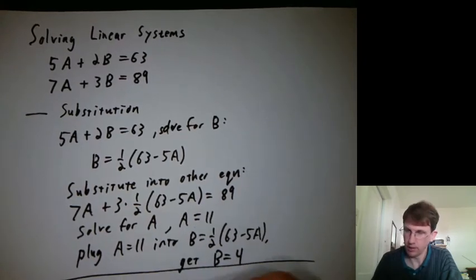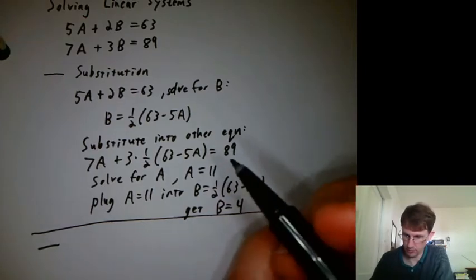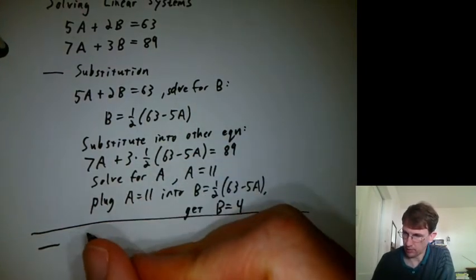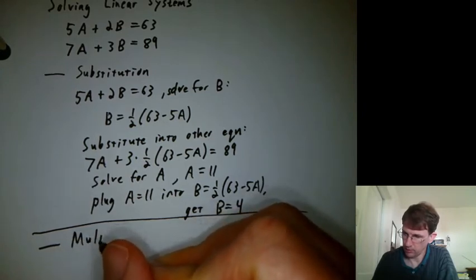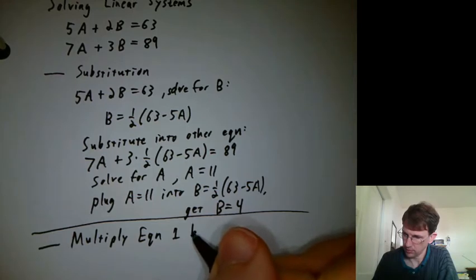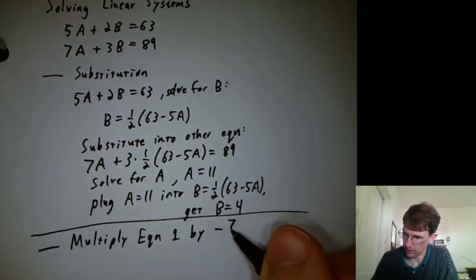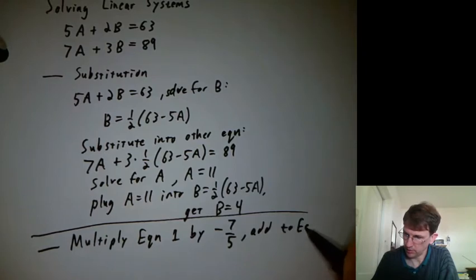Another way to do it is the adding equations together to cancel stuff method, whatever you want to call that. So you could multiply equation 1 by -7/5 and add to equation 2.